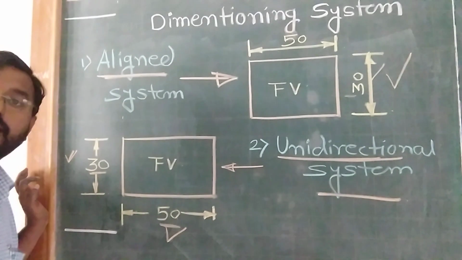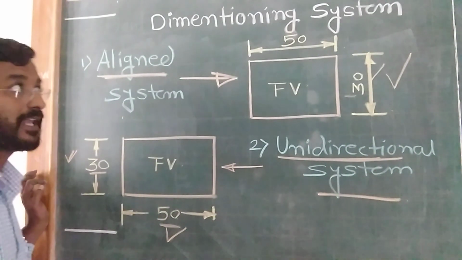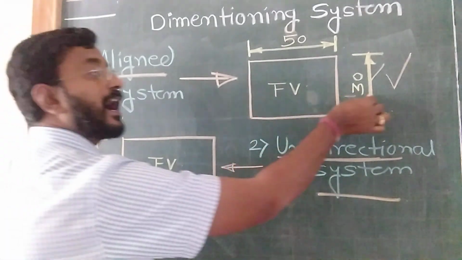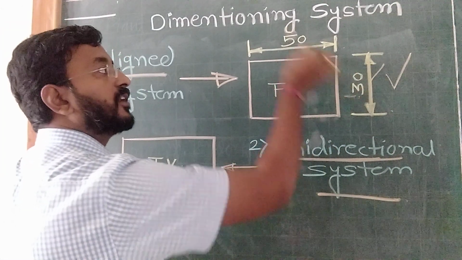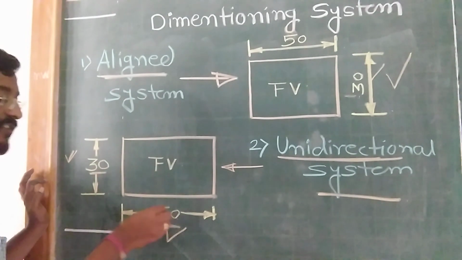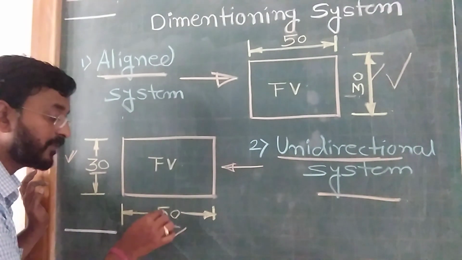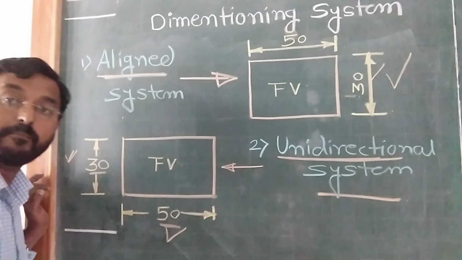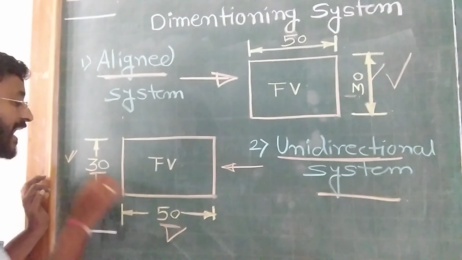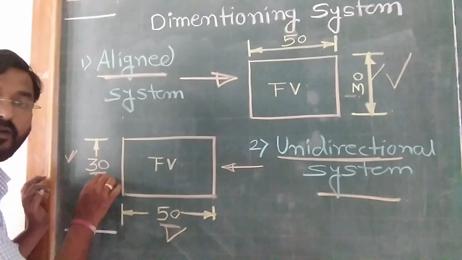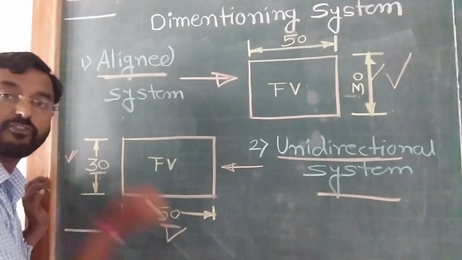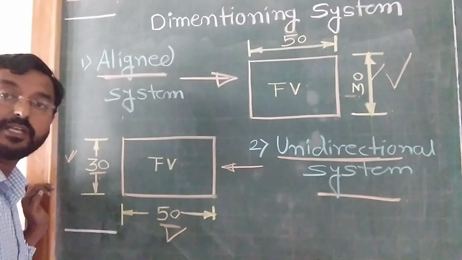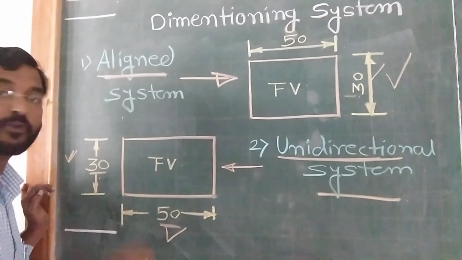That is the difference between the unidirectional and aligned systems. In the aligned system, we place the numbers along the dimension line. In the unidirectional system, we place the numbers or digits in between the dimension line, and the direction is the same. For vertical and horizontal dimensions, the direction of both is the same in the unidirectional system.